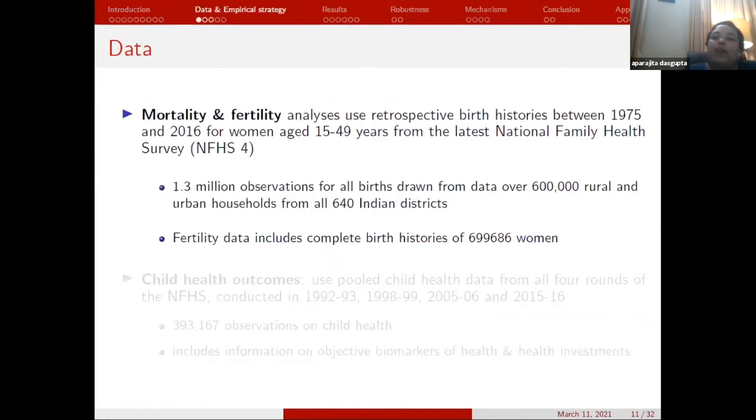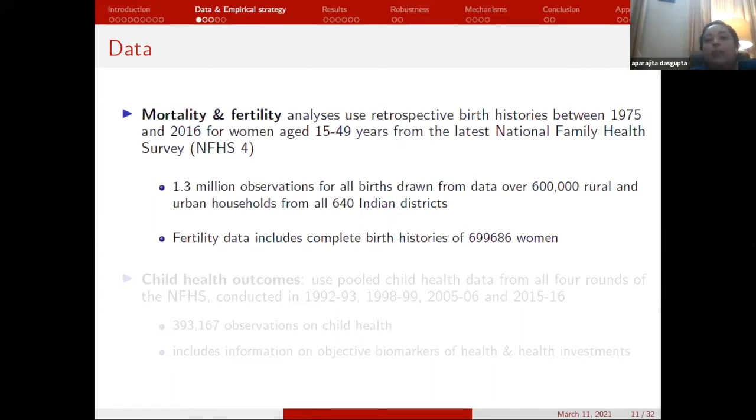So now coming to the data that we use. The data primarily comes from the National Family Health Survey. For our mortality and fertility analysis, we use retrospective birth histories between 1975 and 2016 for women aged 15 to 49 years. It includes 1.3 million observations from all births drawn from over 6 lakh rural and urban households from all 640 Indian districts.